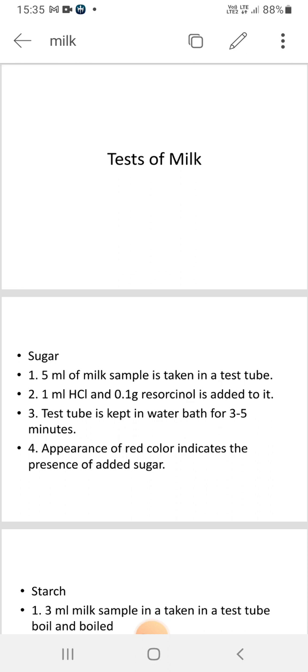So the appearance of red color indicates the presence of added sugar. You can remember this test by RRR, means the reagent used should be resorcinol, and the color which we get is red, and sugar, so the last letter is R. So likewise there are so many techniques.